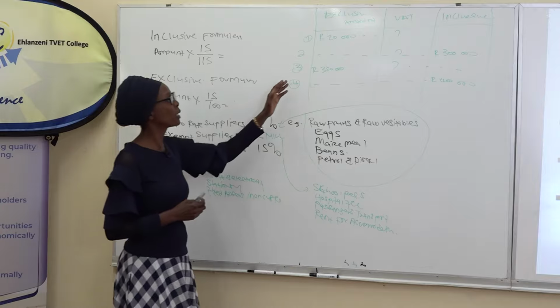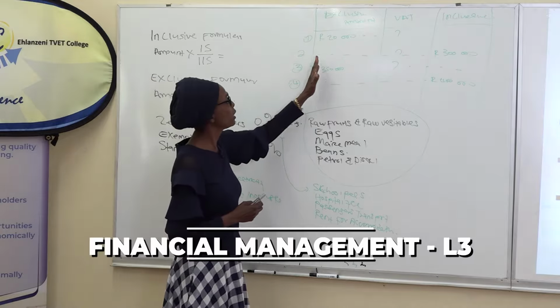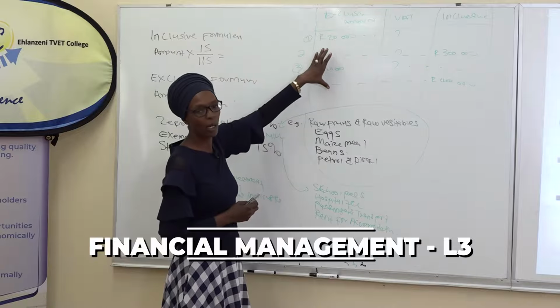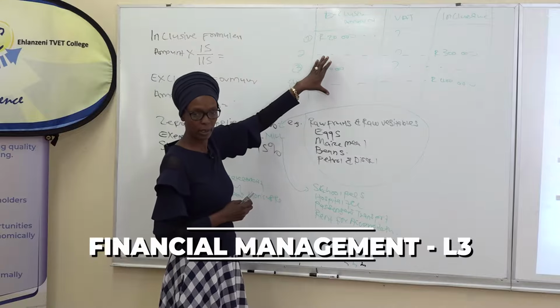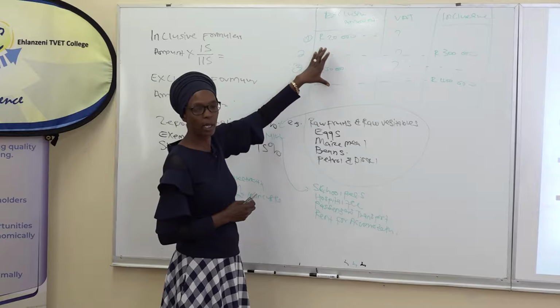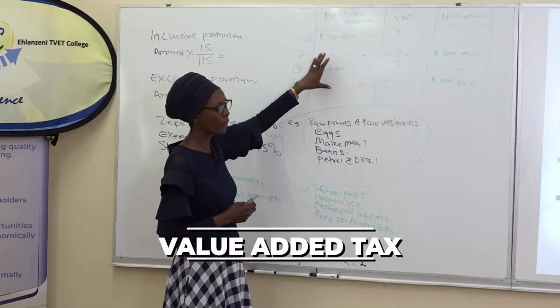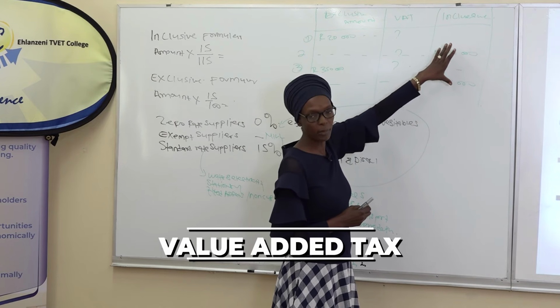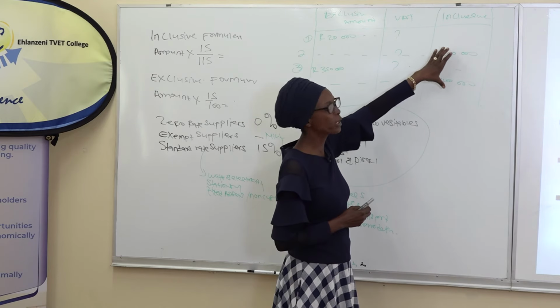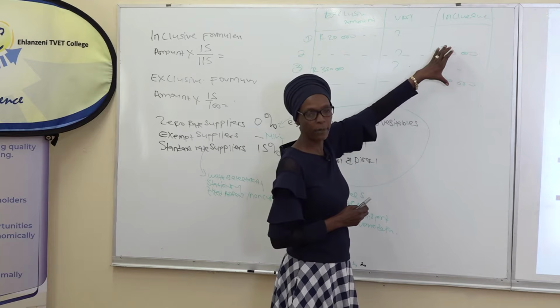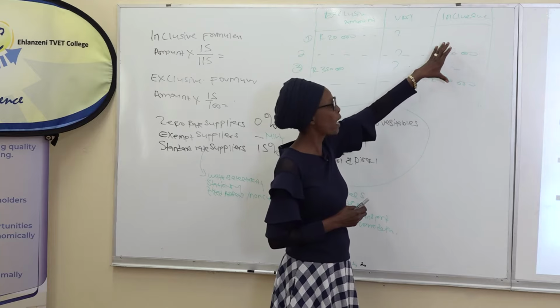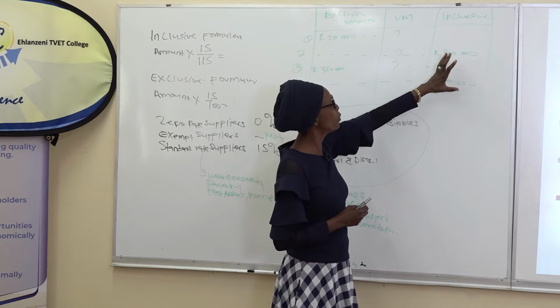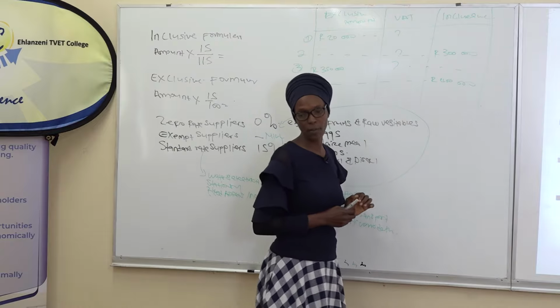As the amount appears here, it means these amounts are without VAT. You have to apply the exclusive formula. We've got the amounts here on this column. It means these amounts have got VAT inside. If you calculate the VAT, you have to use the inclusive formula.